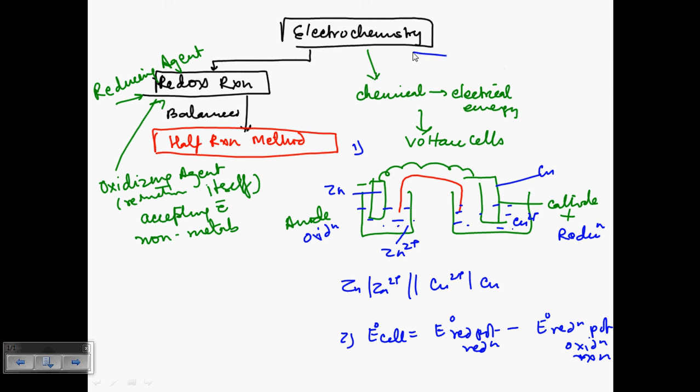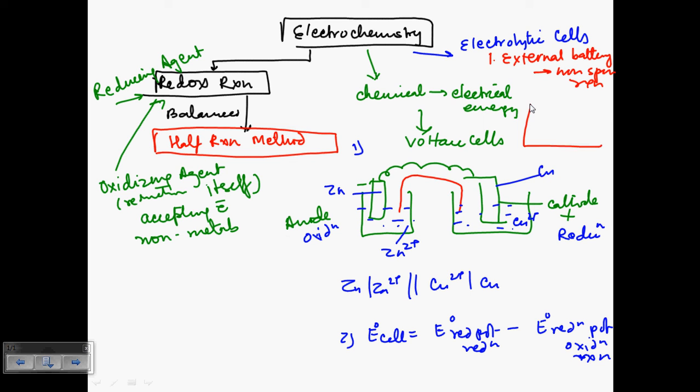For electrolytic cells, first of all, they need an external battery because they use a non-spontaneous reaction.